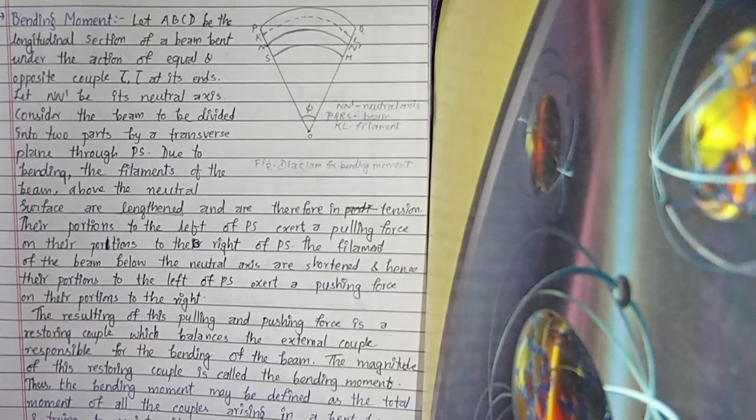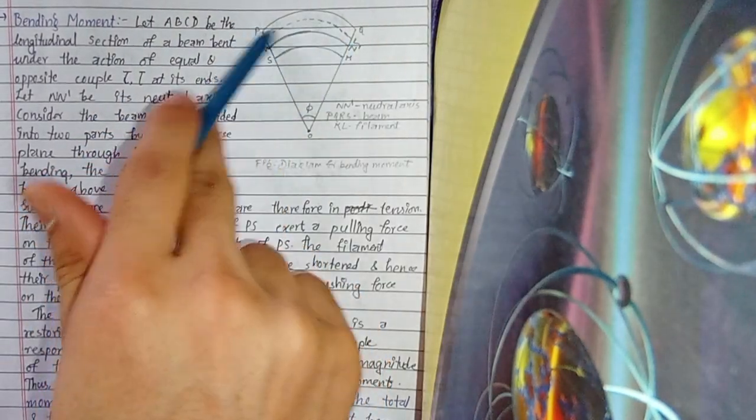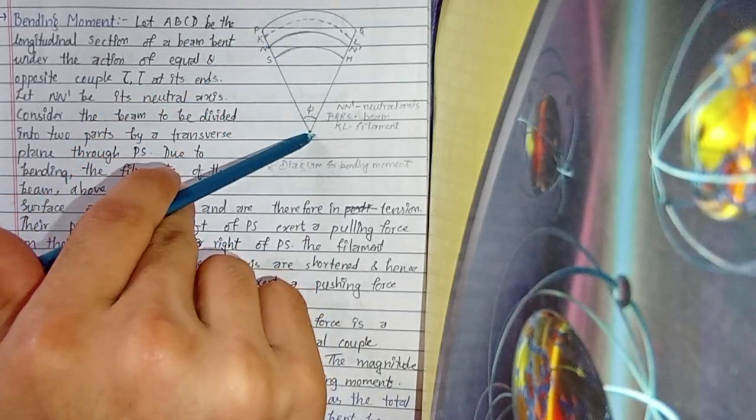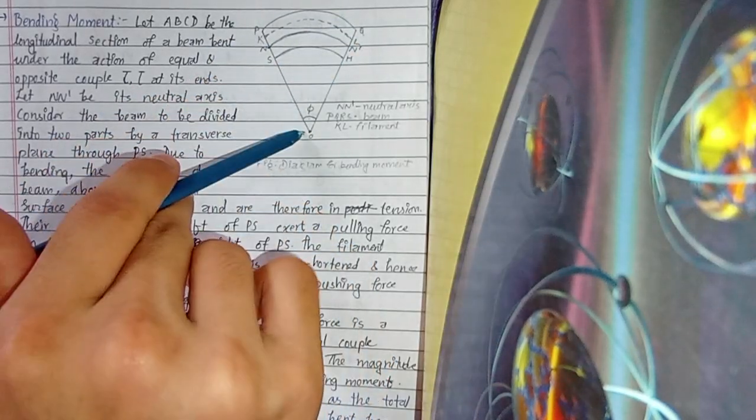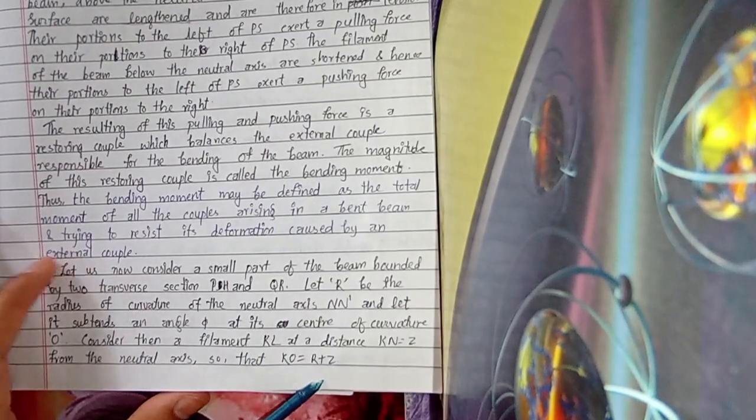So phi is KL, the arc, upon the radius KO, and we already said that KO is R plus Z.